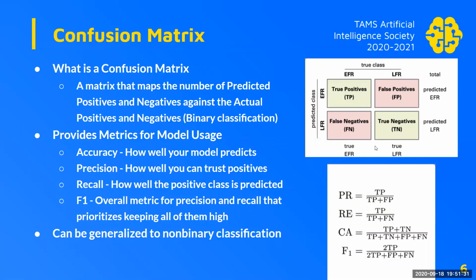Without thinking of it in terms of true positive, true negative, false positive, false negative, how would you determine the accuracy of a model? Well, for a classification model in particular, you would take how many it got right over how many it predicted total.